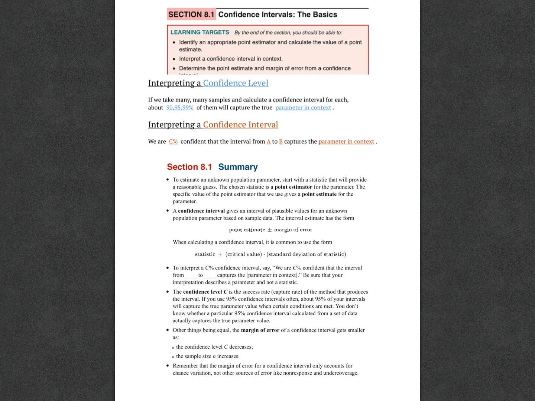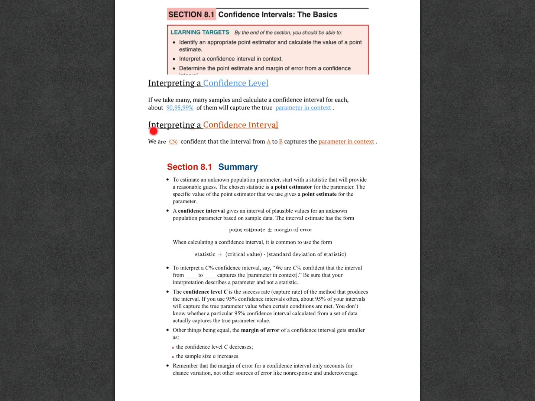Okay, so when you're interpreting a confidence level: if we take many samples and calculate a confidence interval for each, about whatever the confidence level is of them will capture the true parameter in context. So interpreting the confidence level is just saying that about a certain percent, whatever the confidence level is, of the confidence intervals that you create for different samples will actually include or capture the actual parameter, whatever that is.